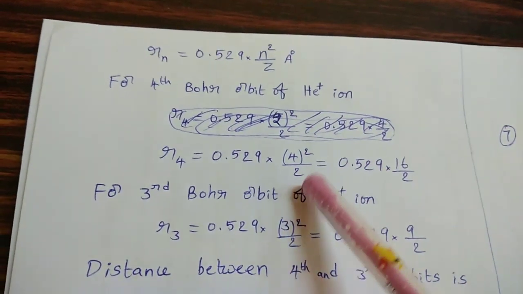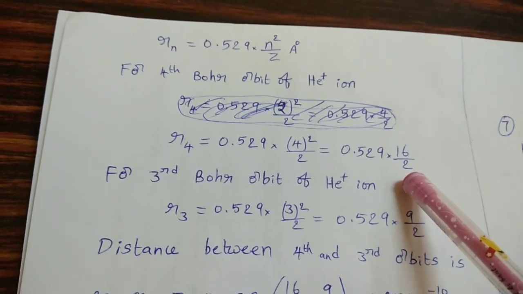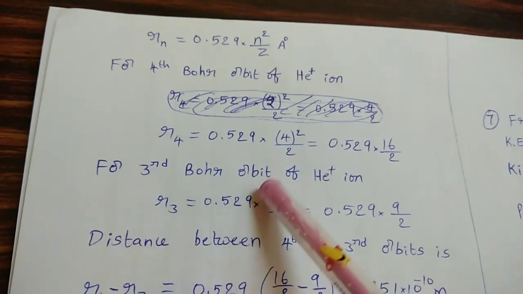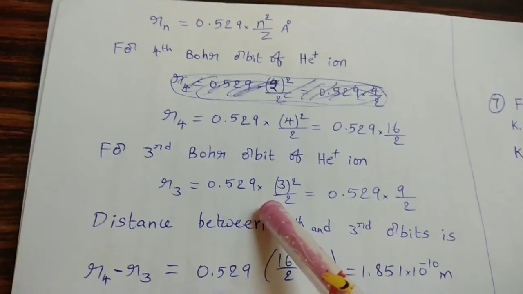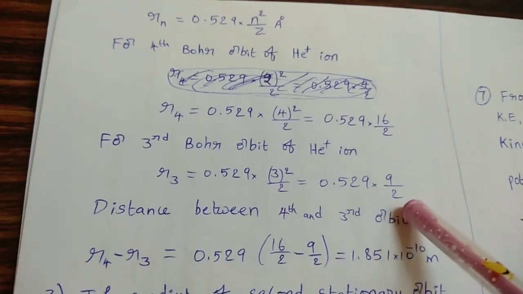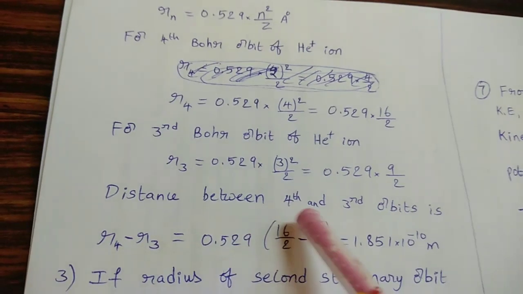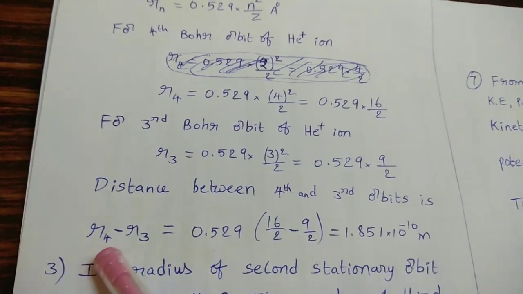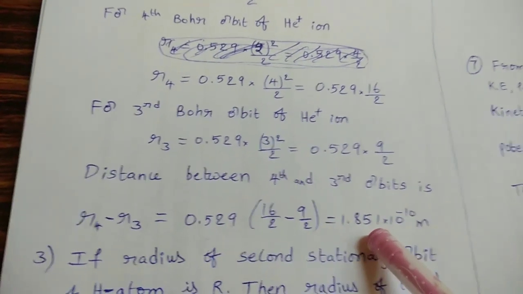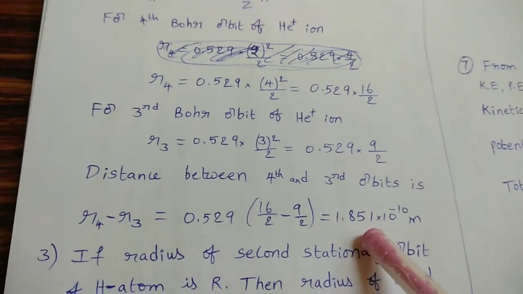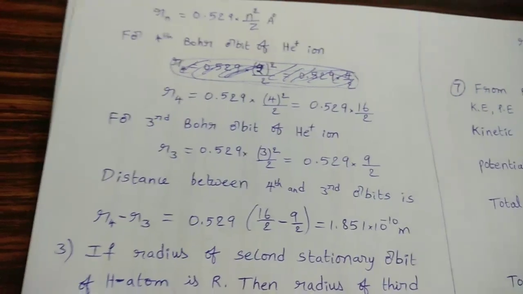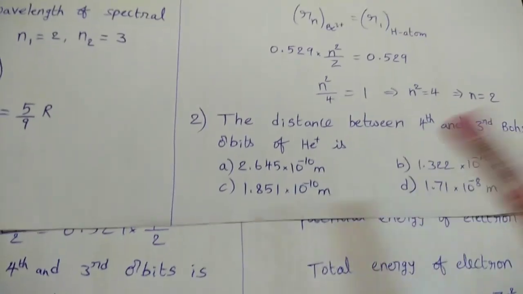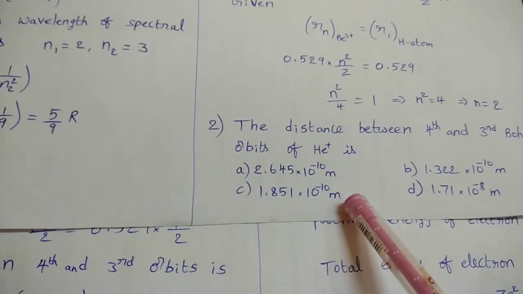Helium means Z value 2, then we get this value. For the third orbit of He+ ion, R3 equal to 0.529 into 9 by 2. Now the distance between fourth and third orbits is R4 minus R3. Subtract, then we get 1.851 into 10 power minus 10 meters. Then what is the option? Option C is the answer.